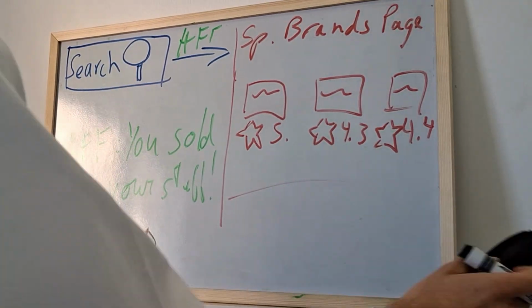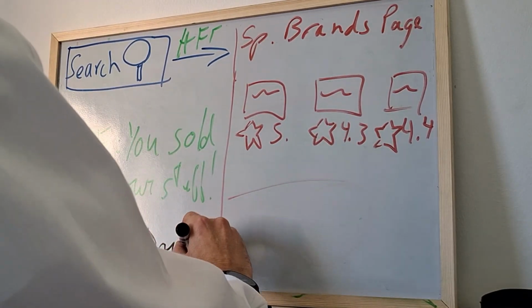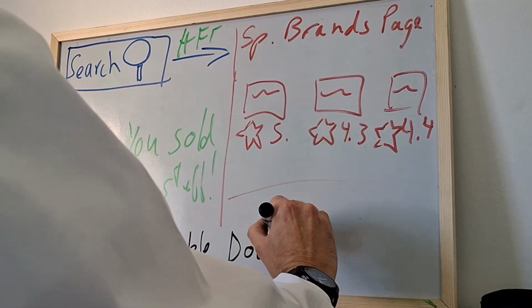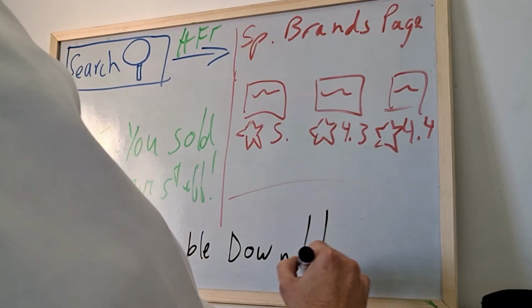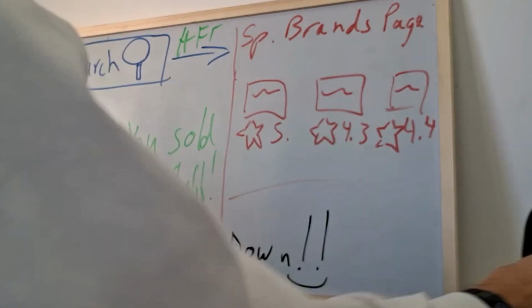And that's true not just for external traffic, but also for sponsored brand headlines, whether that's product collections, store spotlights, and also sponsored brand videos. In fact, when Amazon initially launched sponsored brand video, the only option was to take somebody directly to a product detail page. And in the past year or 2 years, they expanded your options so you can take them to a store page, an Amazon brand store page.